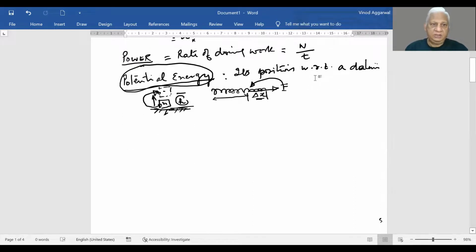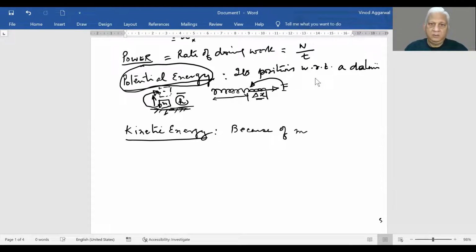Unlike potential energy, there is another term called kinetic energy, which is purely because of the motion of a body.